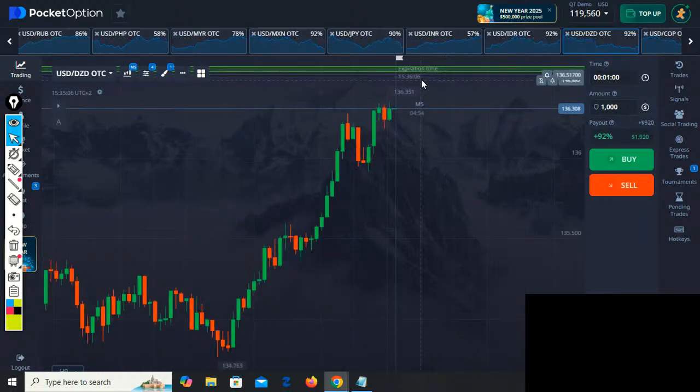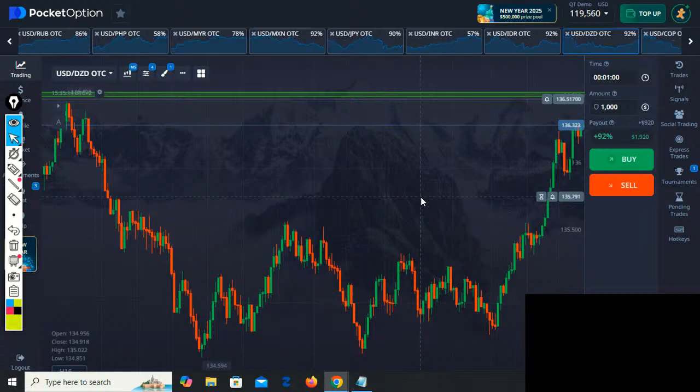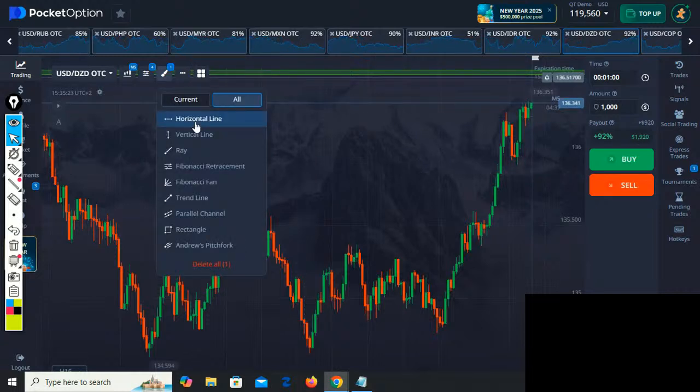So I'm waiting for it to come over here. See the zone here as well. This is also a very beautiful takeable trade.